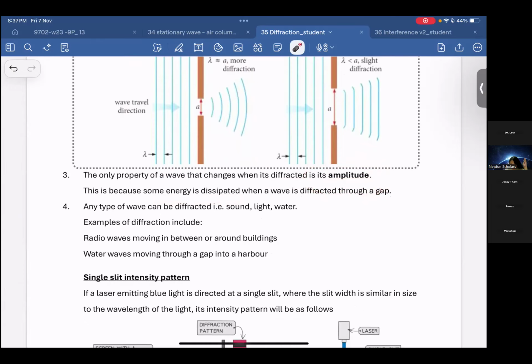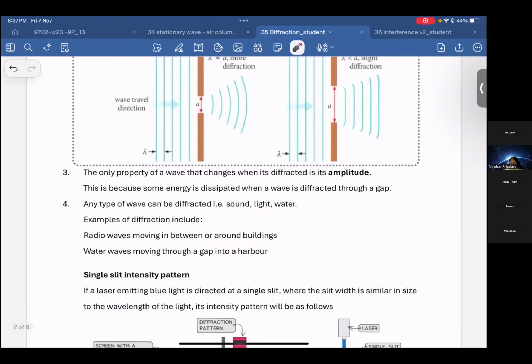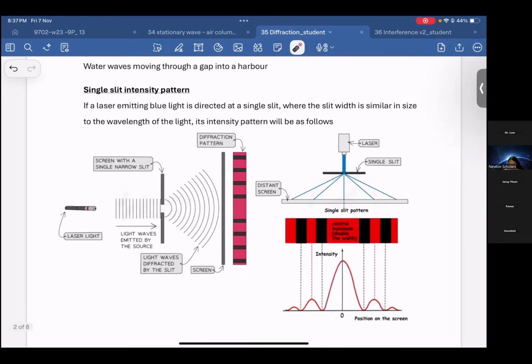Any type of wave can be diffracted: sound, water, radio waves moving around a building, water waves passing through a gap in the harbor. This is the light intensity pattern when light passes through a narrow slit.